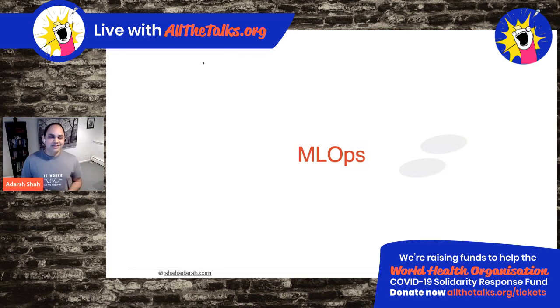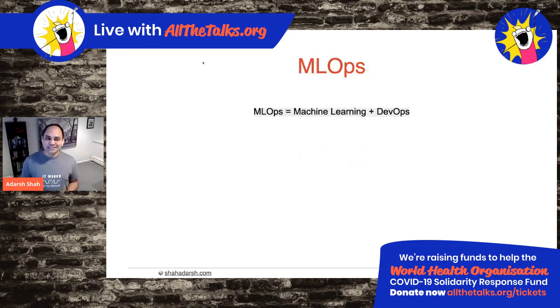So here we talked about all the challenges that I've seen, and let's now talk about solutions. This is one of the buzzwords where people use MLOps. What exactly is MLOps? It is nothing but applying the DevOps principles and practices that we have used in traditional software to machine learning.